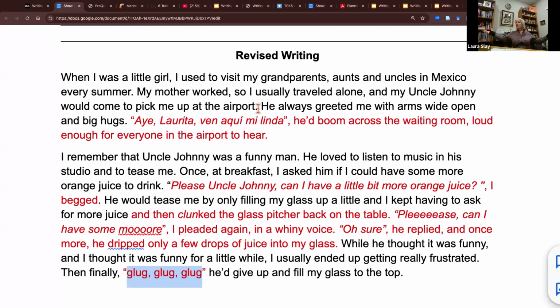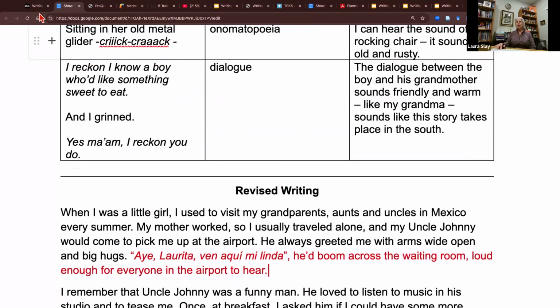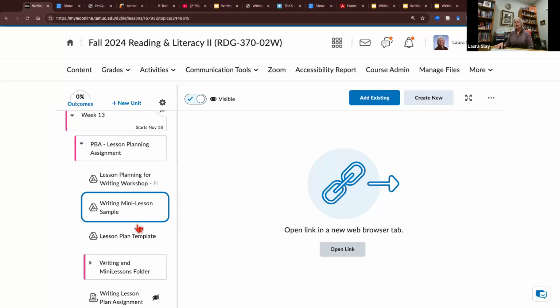We didn't write a huge narrative, we just did a small paragraph, as I asked you to do in your discussions. And then, of course, you expanded that into your final blog post. So that is an example of the lesson plan that I want you to do.